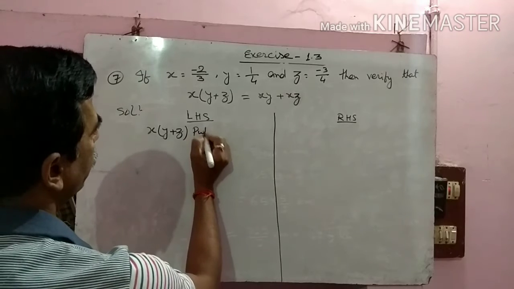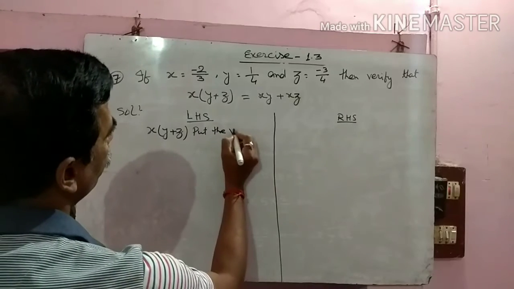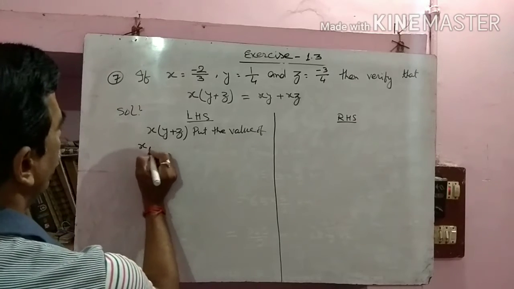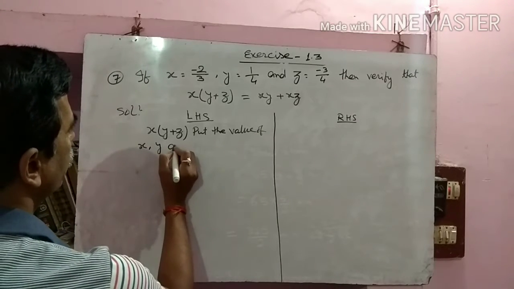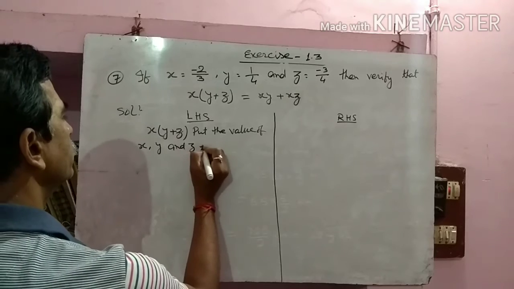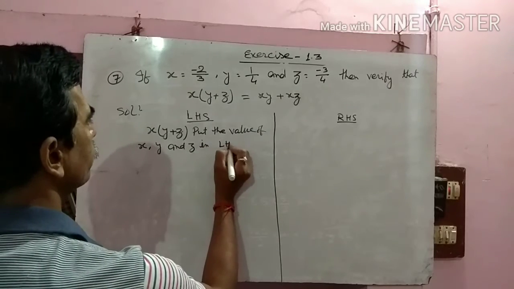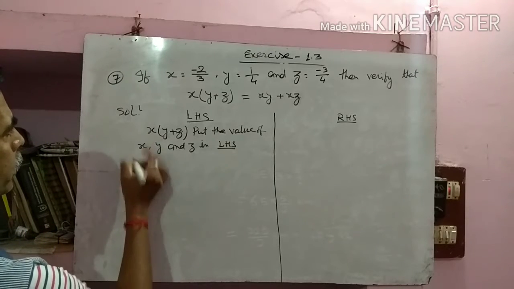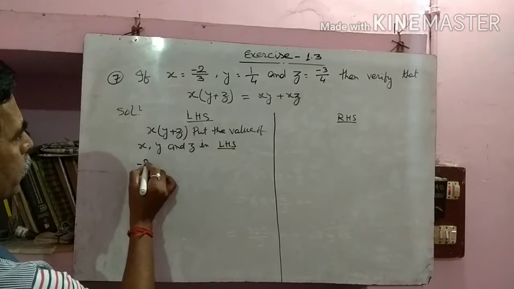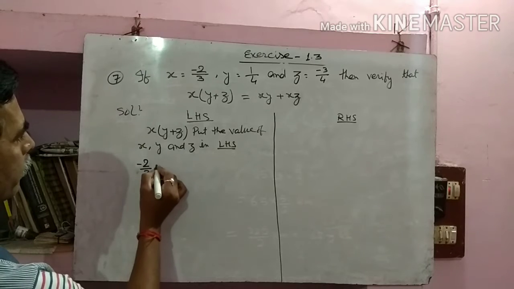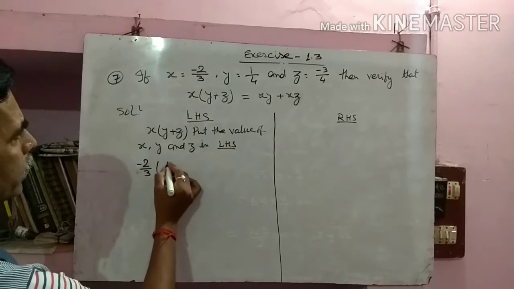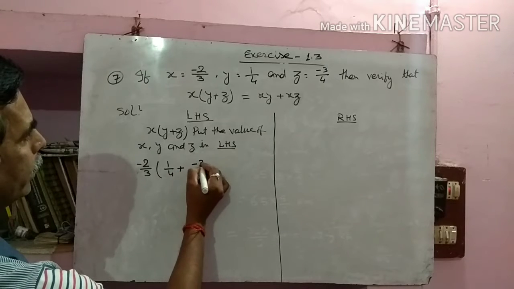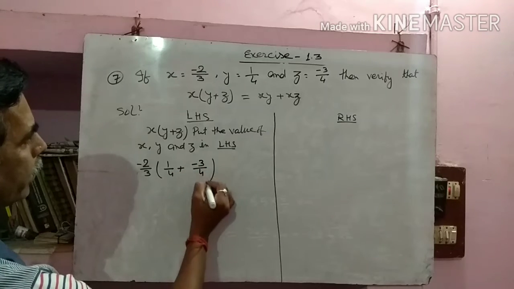So we have to put the values of x, y and z in LHS. We write the value of x as minus 2 by 3 as given here, y is equal to 1 by 4 and z is equal to minus 3 by 4, like this.